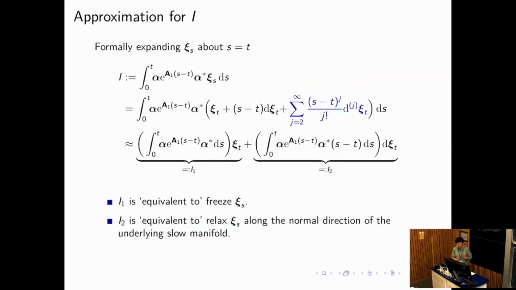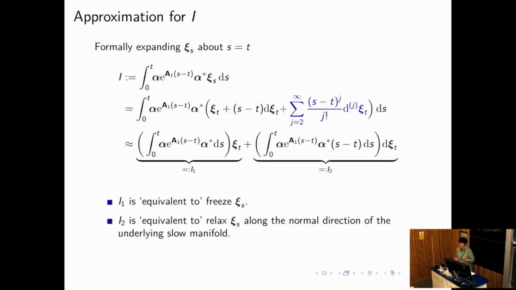So at this point, let's be less rigorous in terms of math and make a Taylor expansion here. That means we expand the S by time t. And then we formally can get this series expansion. And we especially pay attention to the first two terms. So the first term is as if we, sorry, there's a typo.